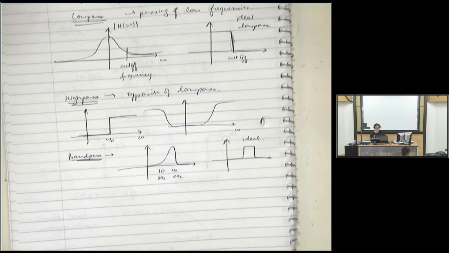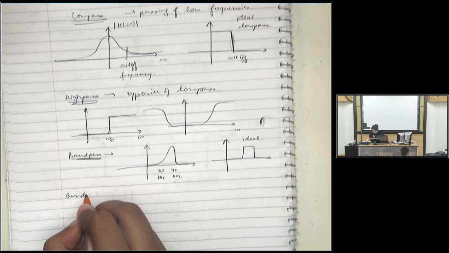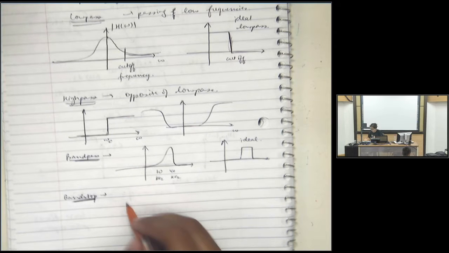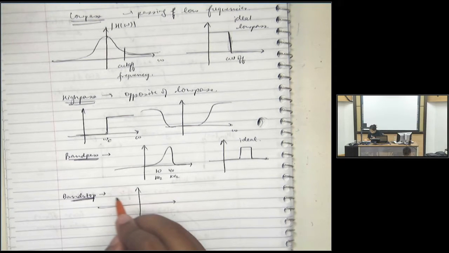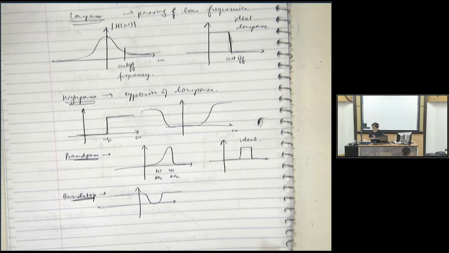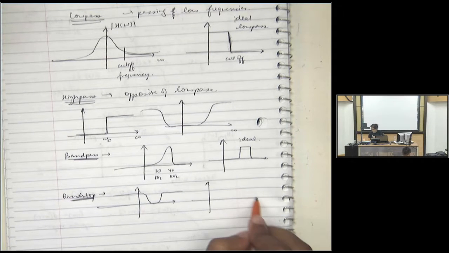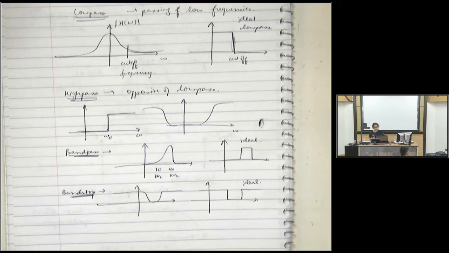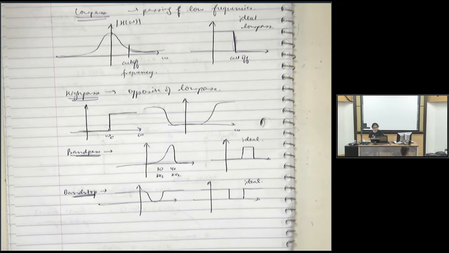Okay. All clear till now? Now, next comes band stop, which is the absolute opposite of bandpass. All right. So your response will now look like this, and your ideal should be this. Okay. Absolute opposite. All right. That is done.